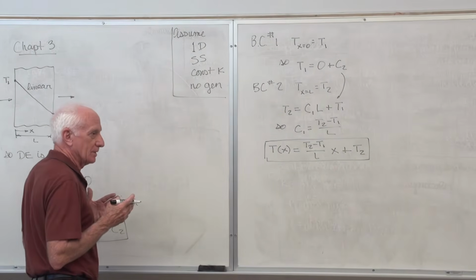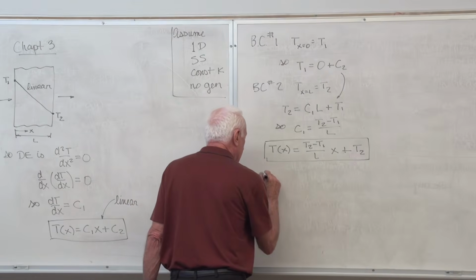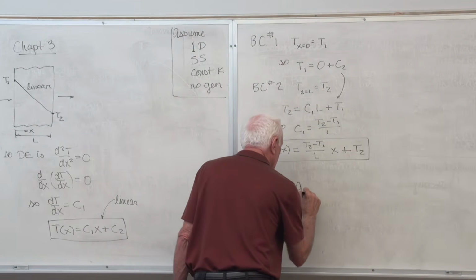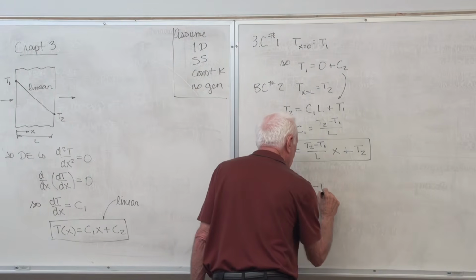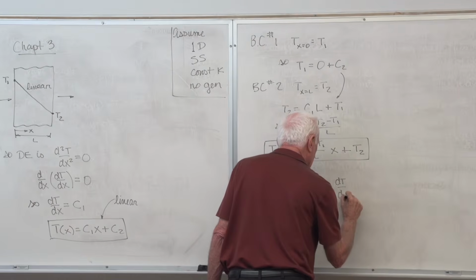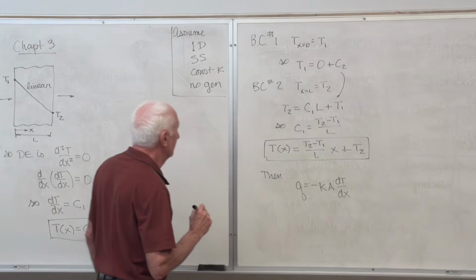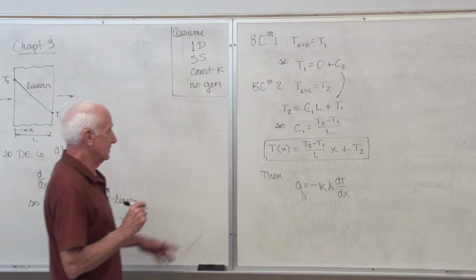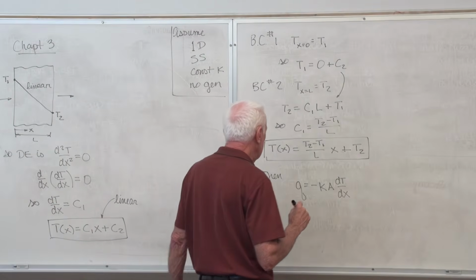Chapter 1, Fourier's law. Then Q equals minus K A dT dx. Now, this is the temperature, okay?